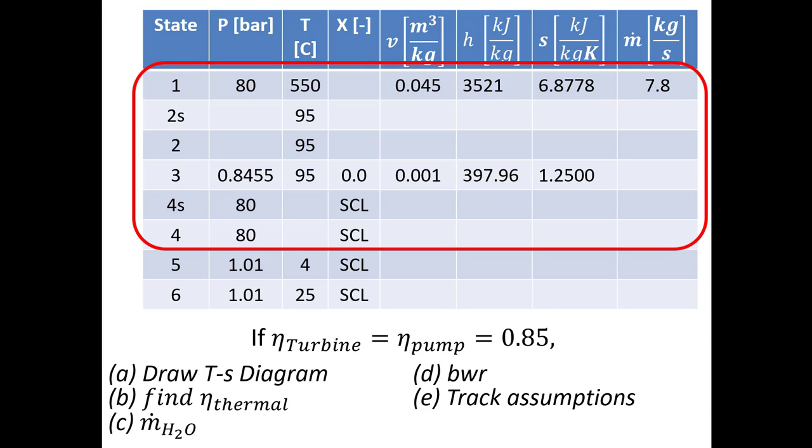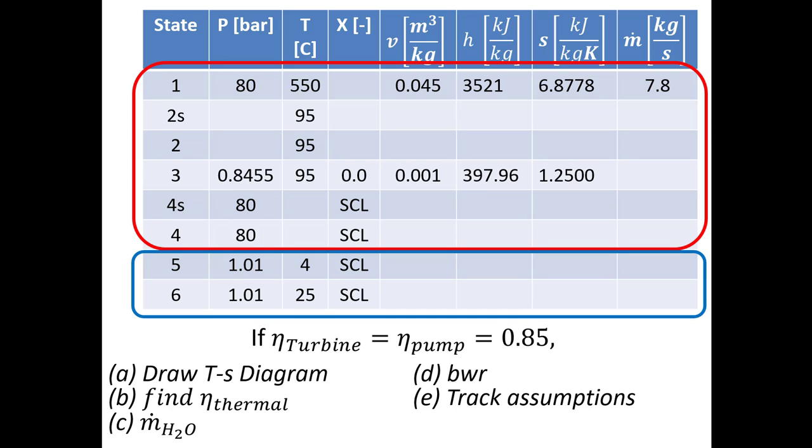I'll start by looking at the Rankine cycle, which happens in states 1 to 4. This is with our hot fluid. And then we'll talk about the cold fluid, which is states 5 and 6. For state 2S, this is as I go through my ideal turbine, and my ideal turbine has the same specific entropy at the outlet that it did at the inlet.